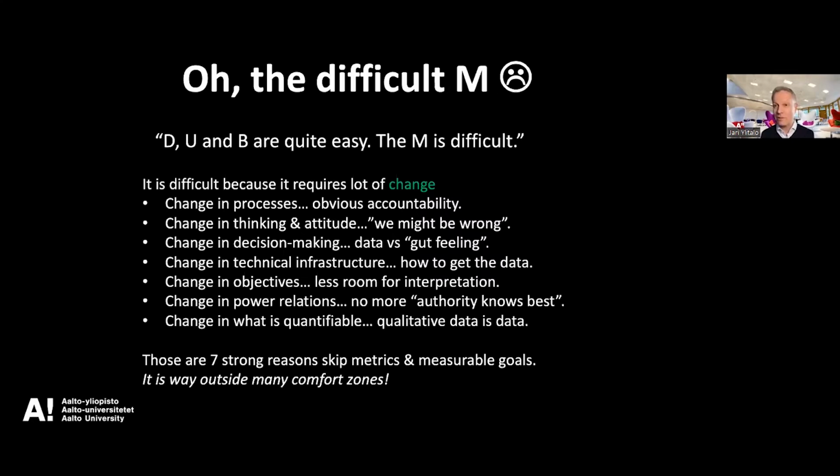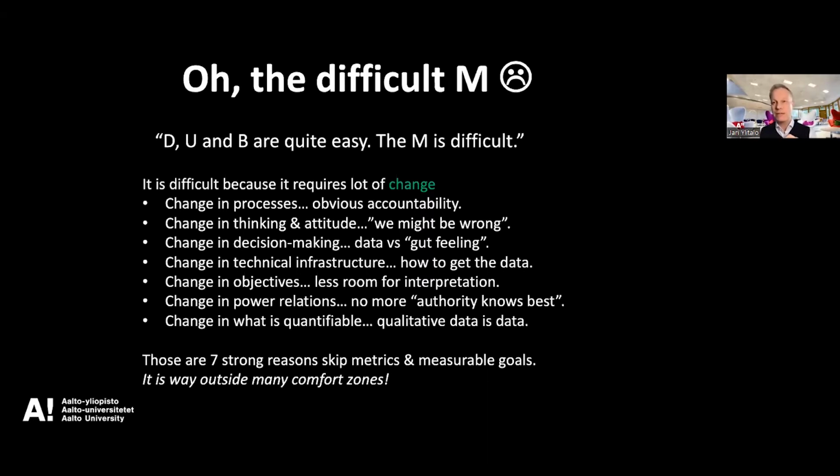Okay, now he argues, I'm using his slide, that when we start to talk about the measurability of things, it starts to reveal some underlying assumptions. And also quite often we have to start stretching our comfort zones. That makes it difficult, because when we have vague goals, we can explain later more easily.